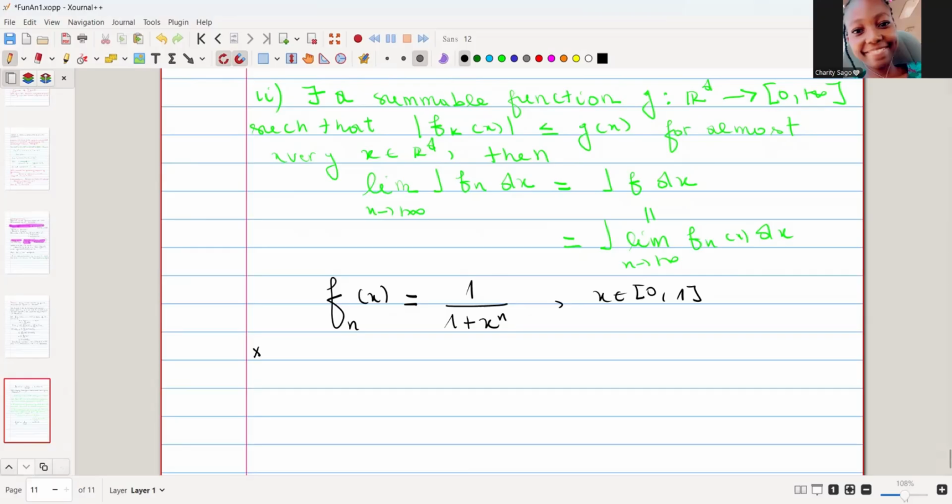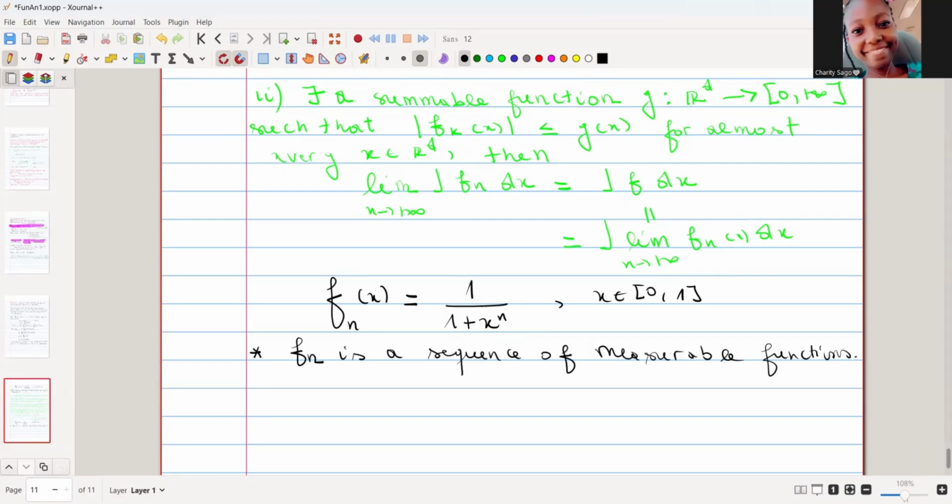What we know is that the first is that fn is a sequence of measurable functions. Why is fn a sequence of measurable functions? fn is continuous, and when you're continuous, you're measurable. But the converse is not true.